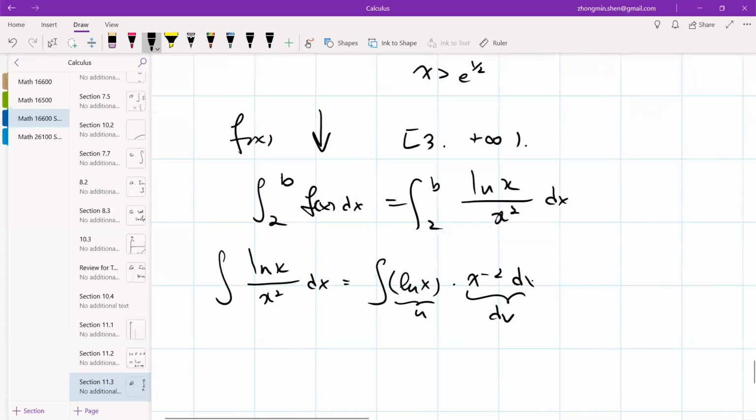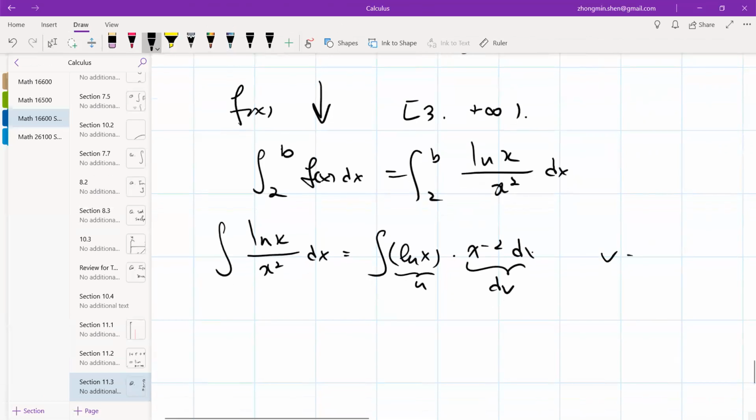Okay, v is going to be x to the negative 1, right? When you differentiate, you get x to the negative 2. Yeah, dv equals x to the negative 2 dx.